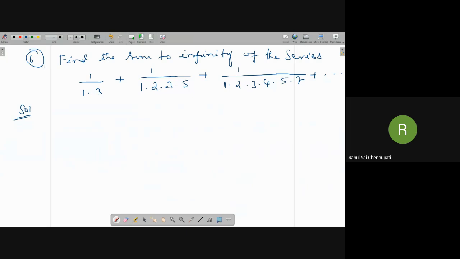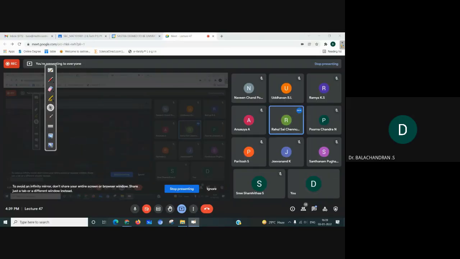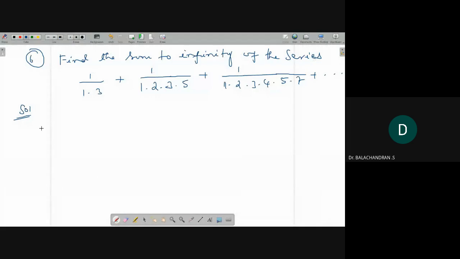Sir, first term you have to multiply by 2, numerator and denominator. Rahul, correct. Very good. What about the second term? Multiply by 4, sir. Yes, multiply by 4. Here multiply by 6. Very good, Rahul.